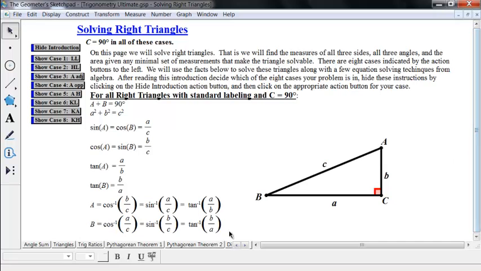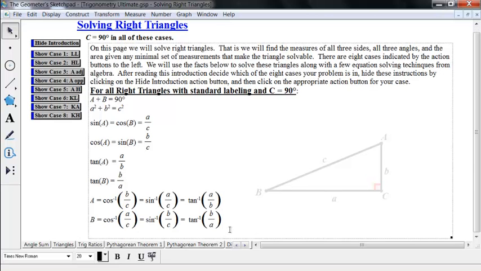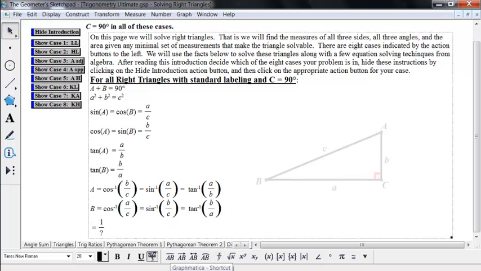One more thing we know for right triangles, let me add that here, is the area. The area, K, equals 1/2 the base times the height, and the base and the height are both legs here.